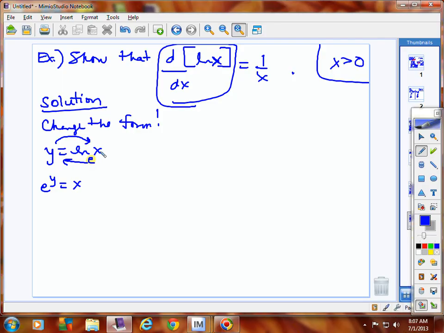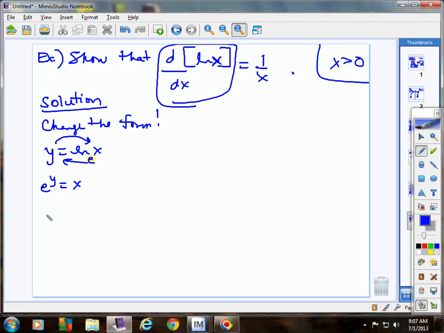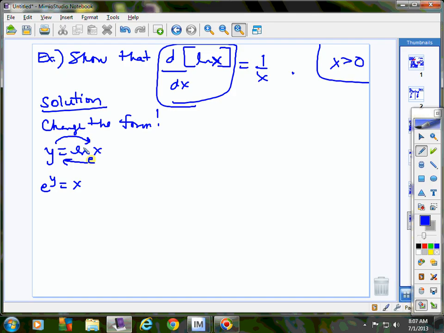Now, when we change the form, we've turned it into a problem that doesn't have any ln's. So don't we know how to find the derivative of e's? We can't use our formula for the derivative of ln if that's what we're trying to show right here. We're saying we don't know what the rules are when we're given this problem, so we're trying to work it some other way.